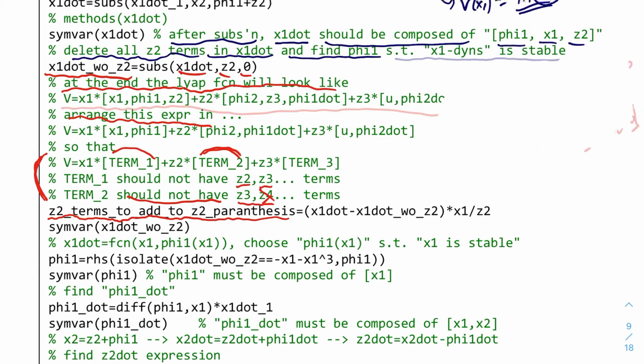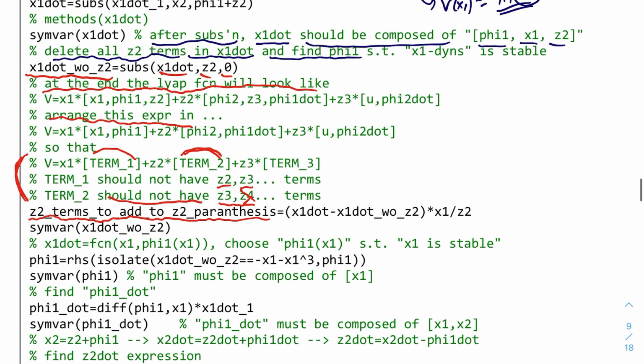Let me delete that because I don't want to confuse people. x1 dot plus z2 dot plus z3 dot must be less than 0. It's really tempting to say z1, by the way. And if you have a z2 term here, carry that to that.